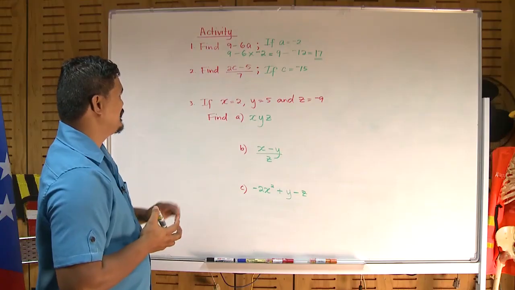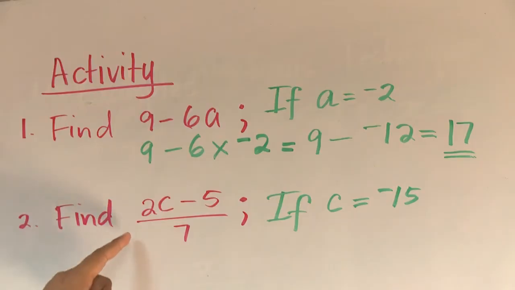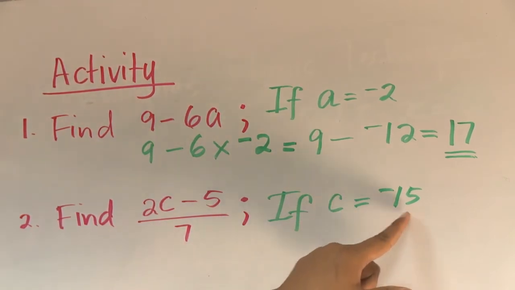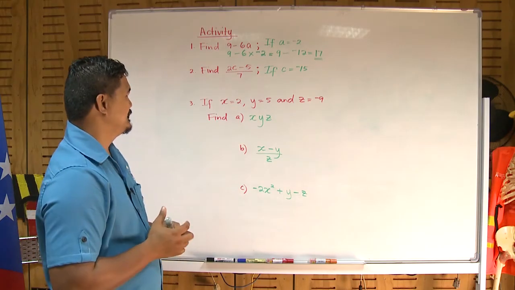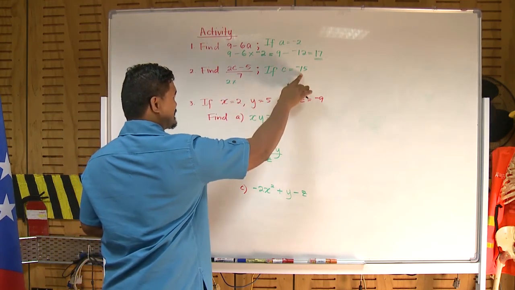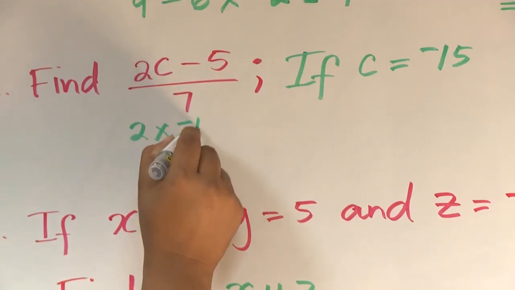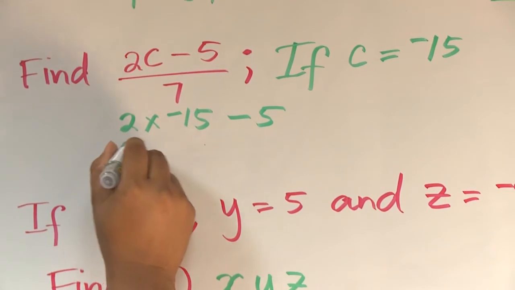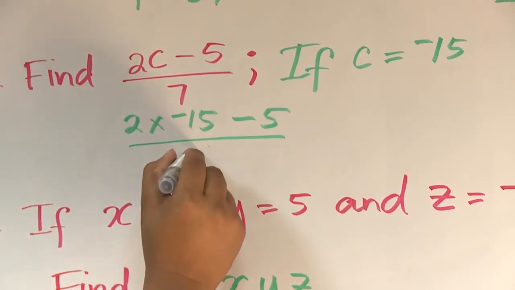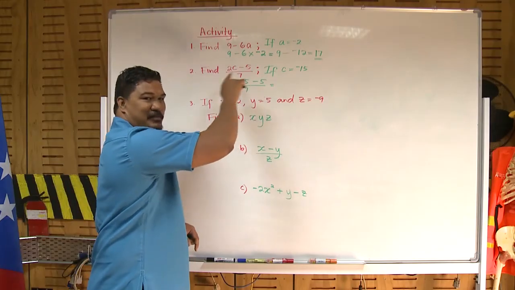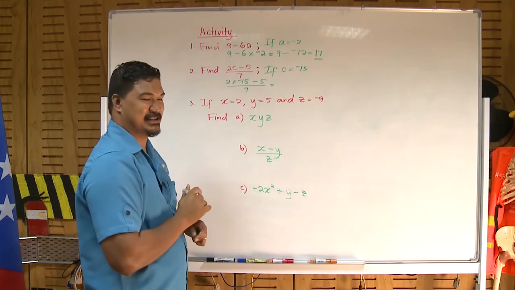Our second one, we have 2c minus 5 divided by 7, if the value of c is equal to negative 15. So 2 multiplied by c, which is negative 15, then minus 5, all of that will be divided by 7. So it means we need to evaluate the top part and then divide it by 7.